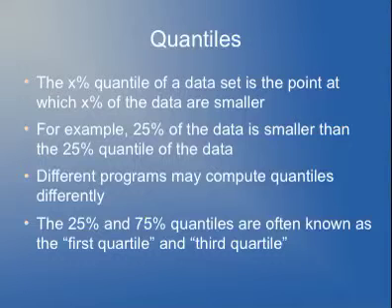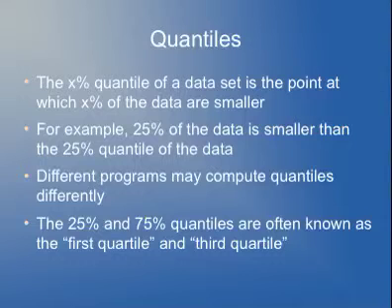So it's a way to split up the data into little sections so we can look at it that way. And just a note here, different programs compute quantiles differently. So if you run it in Excel, I think Excel has a command, and you run it in R, they might give you different values, but you can use either of them.